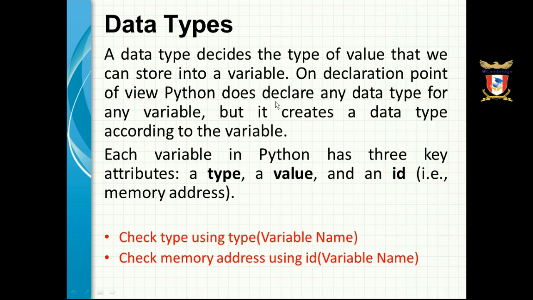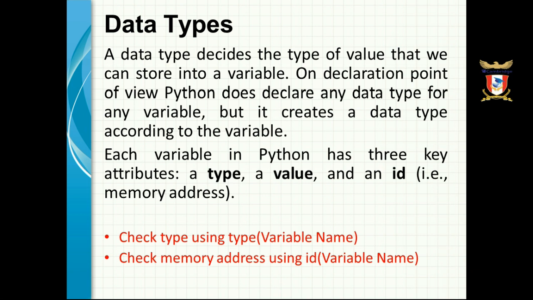Python doesn't declare any data type for a variable, but it creates a data type according to the variable. That means when you declare a variable, the system will automatically assign a data type according to the value that we have assigned.